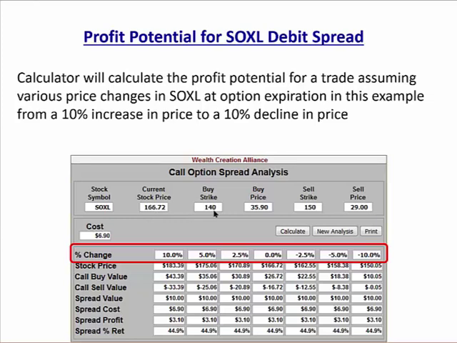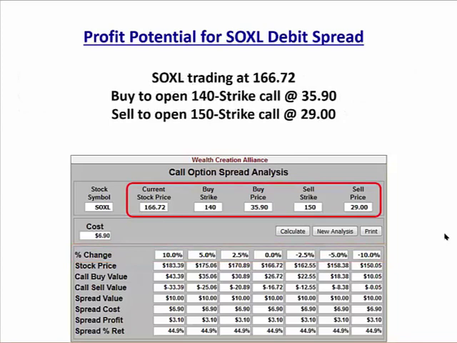We bought the 140 strike call at 35.90. We sold the 150 strike at 29 points. And then we're assuming in this top row right here, the various price changes in SOXL from the 10% increase to 183.39 to a 10% decrease to 150.05. So based on that, the calculator will calculate the profit potential for this trade.